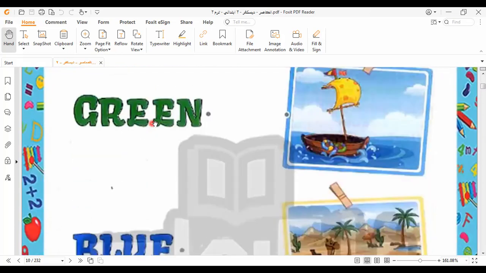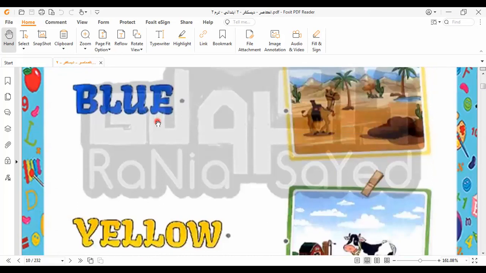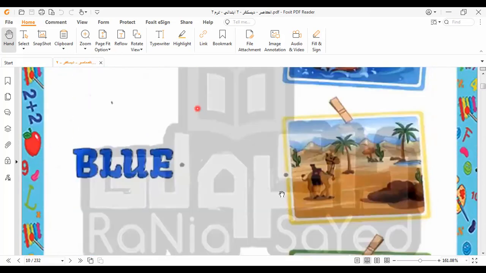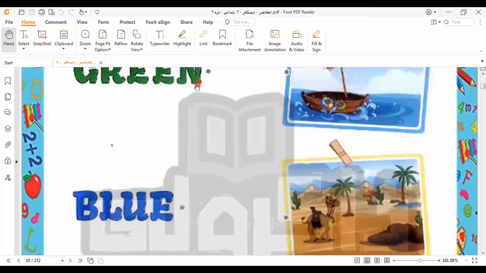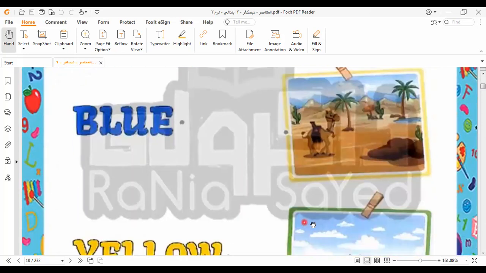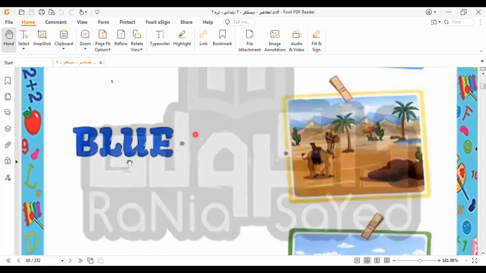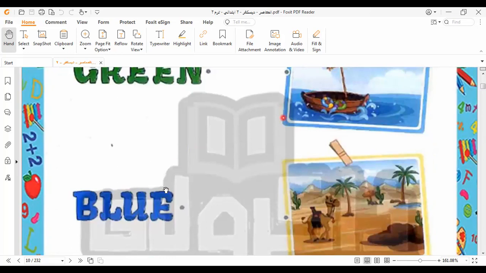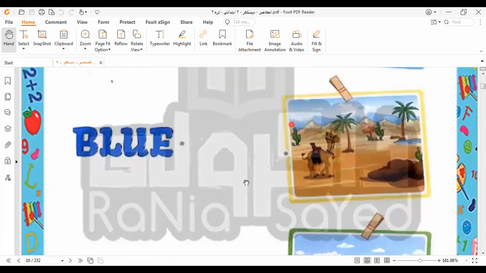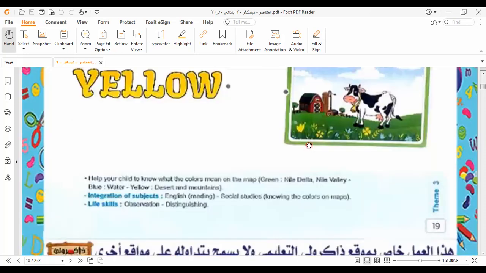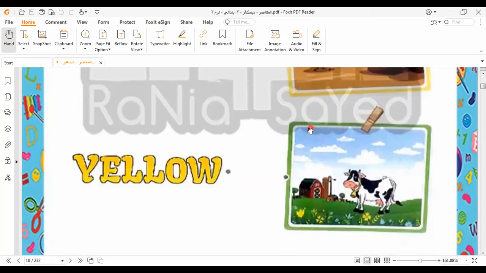We have green. So we all know from the last text that green refers to the farmland. So I will select this one, the last one. Here is green land. What does the blue color refer to? Water. So I select blue for this picture. Yellow is for desert habitat. We use yellow in the desert for coloring desert habitat.